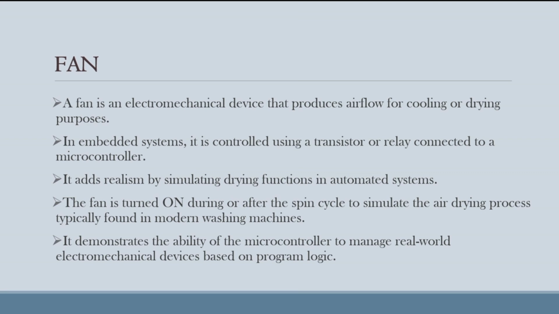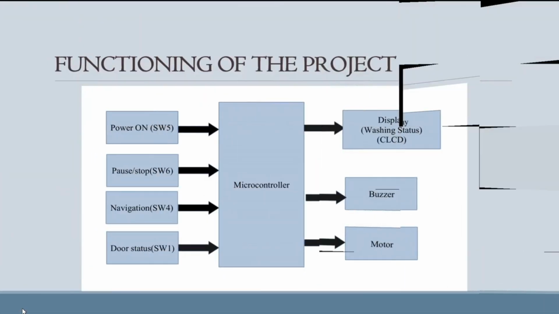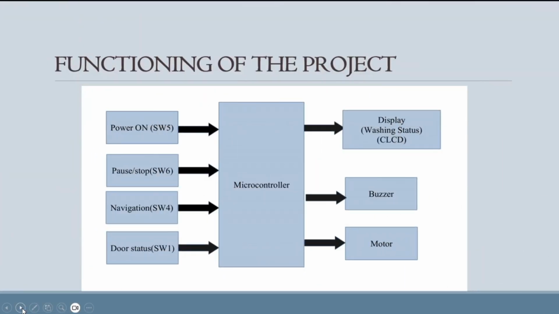Coming to the functioning of this project, this block diagram illustrates how the PIC16F877A microcontroller controls the operation of a washing machine simulation using PICSimLab. Inputs to the microcontroller are: Switch 5, power on, used to start the washing machine system.